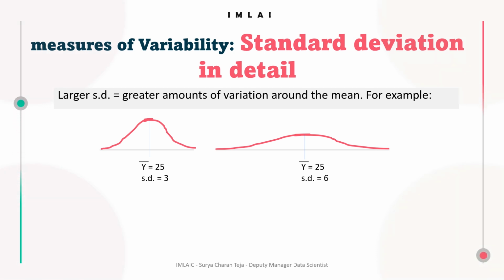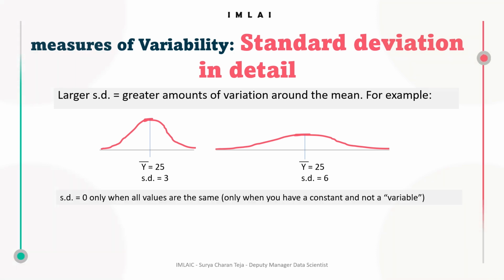SD is equal to 0 only when all values are the same. If you were to rescale a variable, the SD would change by the same magnitude as the units. So with a mean equal to 250, the standard deviation on the left would be 30, on the right 60.